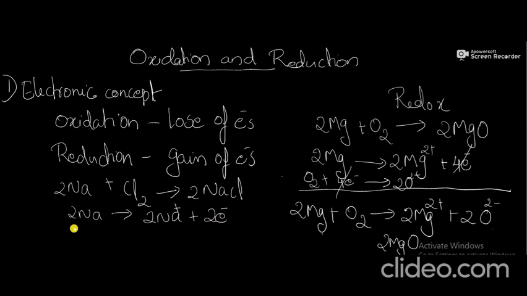Then what is the case of chlorine? Chlorine accepts 2 electrons and is converted into 2 moles of Cl-.